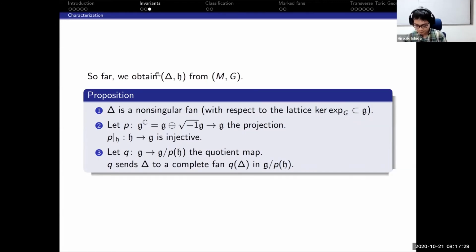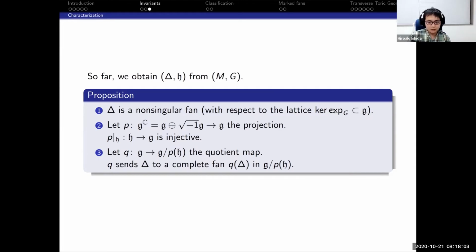And not every pair can appear. Namely, this pair is controlled by the following proposition. First, the delta, this fan, should be a non-singular fan with respect to the lattice in the Lie algebra. The Lie algebra has a natural lattice, the kernel of the exponential map.